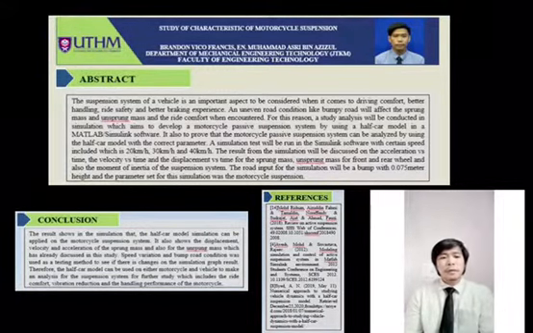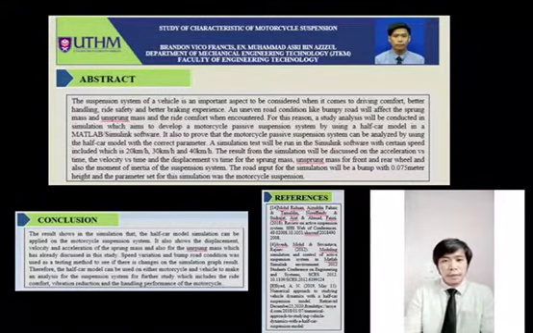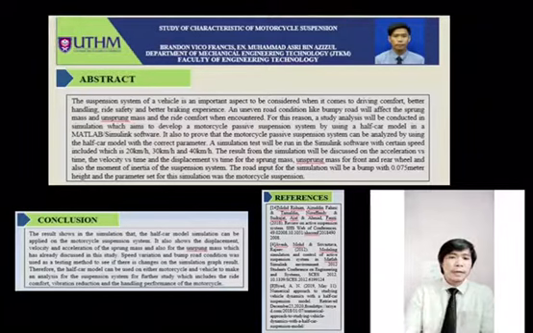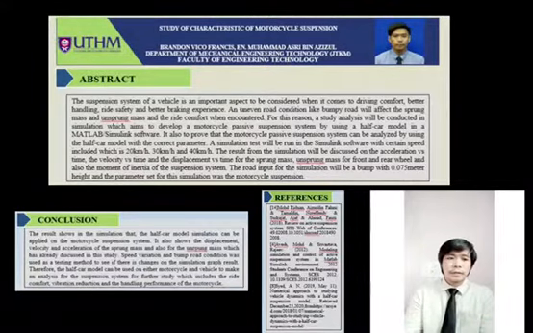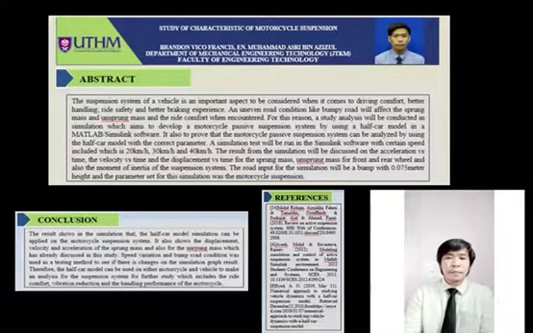Therefore, the Halfcar model can be used on either a motorcycle or a vehicle to analyze the suspension system for further study, which includes the ride comfort, the vibration reduction, and the handling performance of a motorcycle.